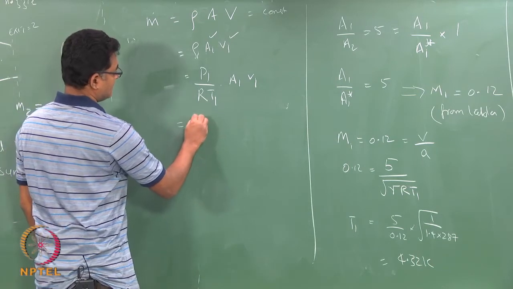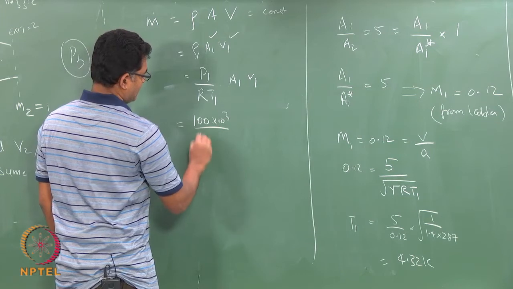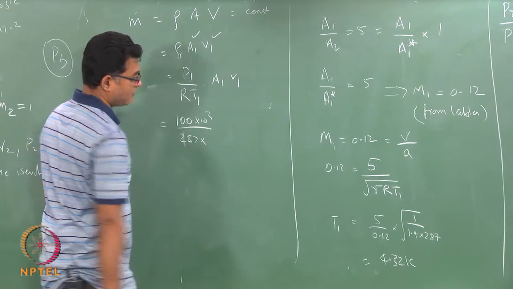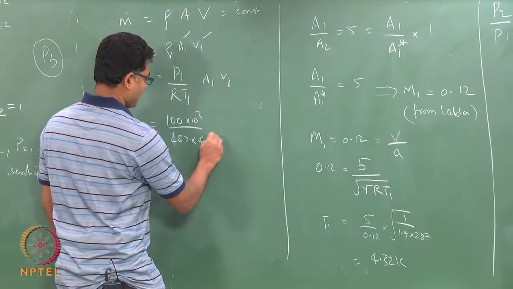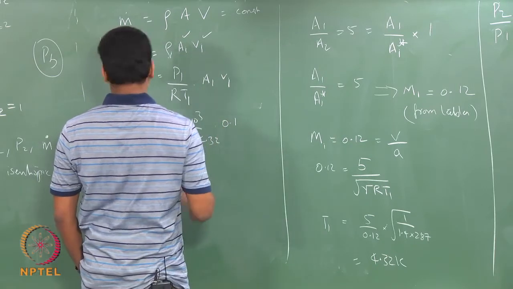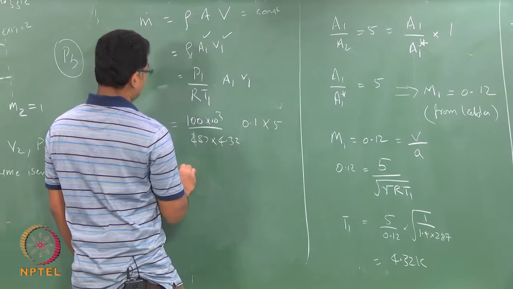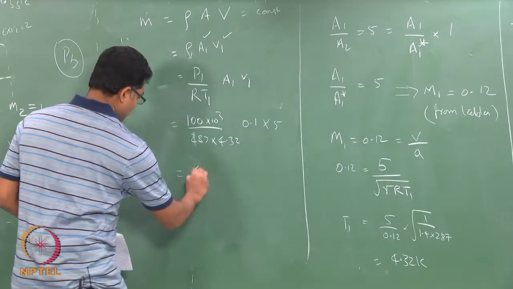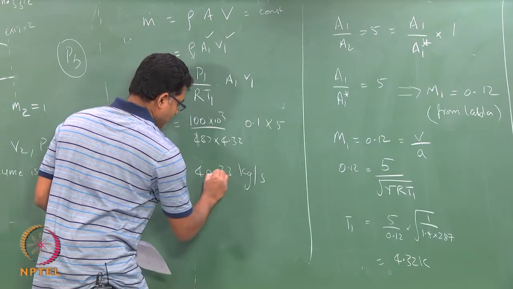So, this is 100 into 10 power 3 divided by 287 into T1 we have found out to be 4.32, into area is 0.1 meter square into 5 meters per second. This will give me a value of 40.33 kilogram per second.